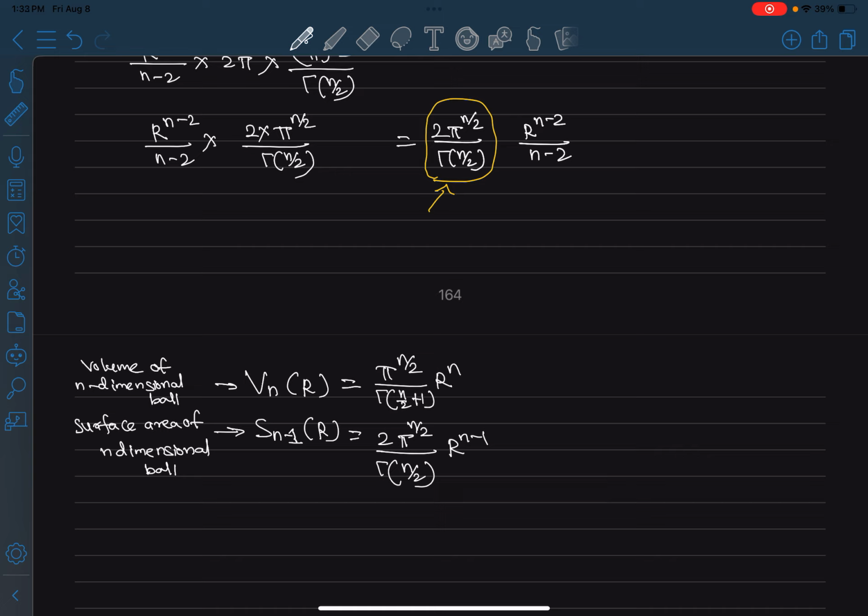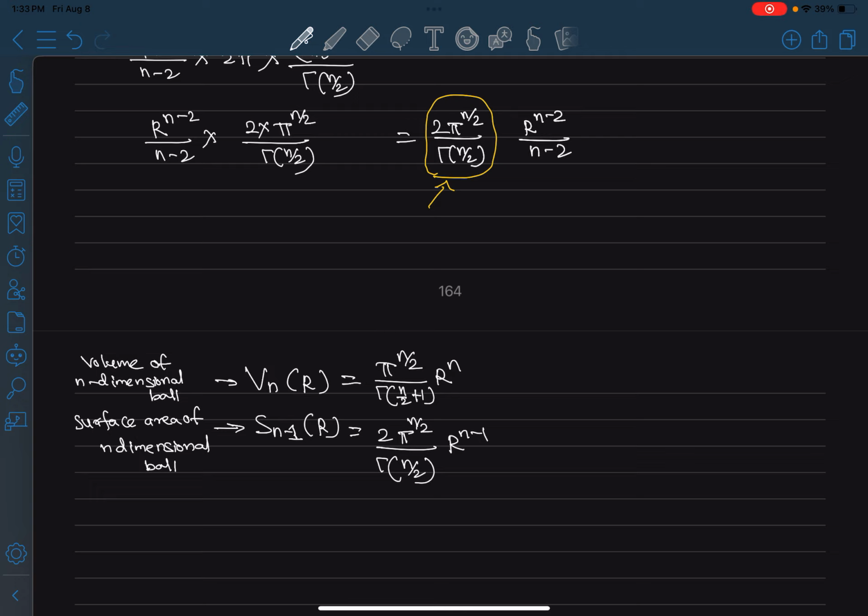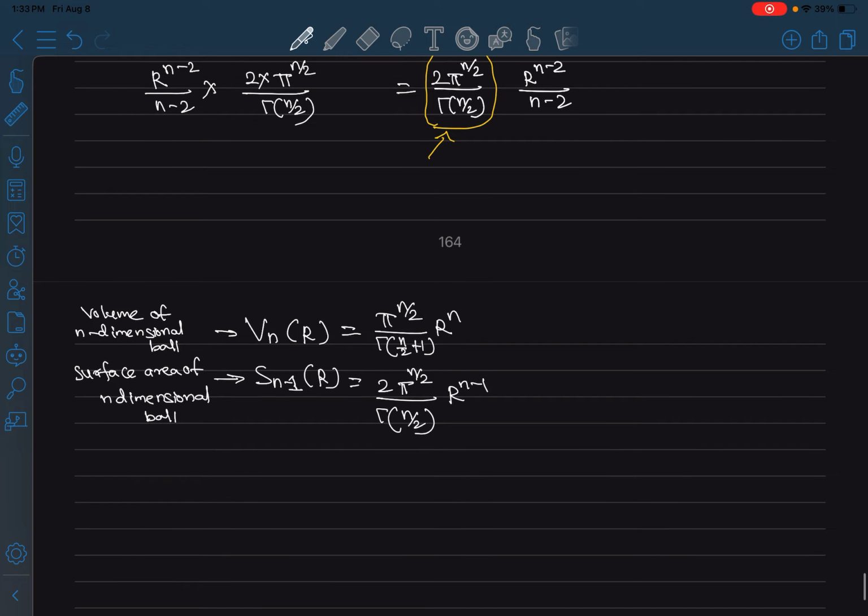I think this is pretty cool because this is the same thing. And even while we try to find this volume, for like one dimension, you get pretty good insights about what surface area actually is. So let's go with 3 dimensions first because we know those formulas, right? And we'll go to 2, we'll go to 1, and we will see some insights that you might not have known earlier.